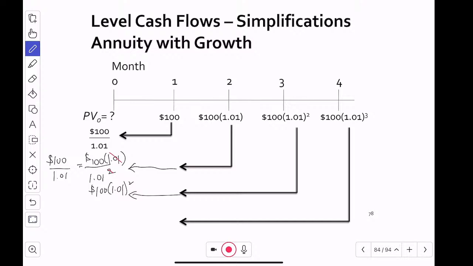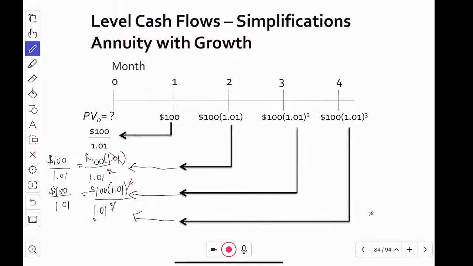And then this one, there'll be 2 growth periods and then discounted for 3 periods. So 2 of the 3 cancel with 2 of those, and it leaves you the same number again. So there's an offset that continues between the growth factor and the erosion factor.